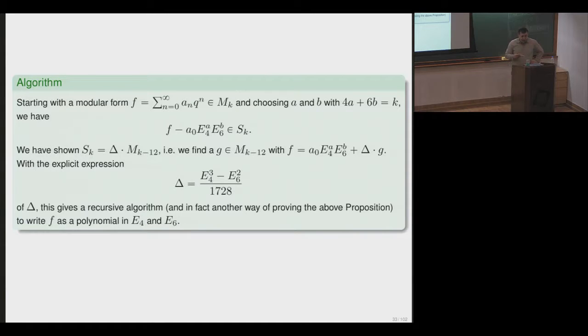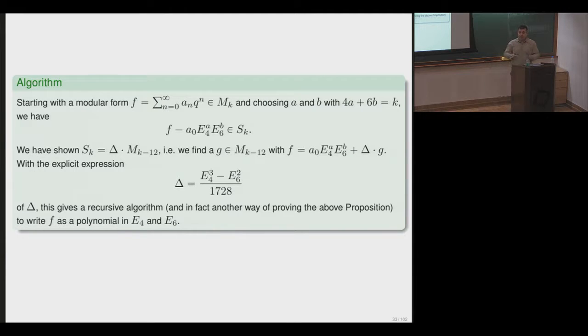In particular, this can be done algorithmically. So if you have a modular form, then if it has a constant term, you can add some multiple of the appropriate power of E4 and E6. Then you get a cusp form. If you have a cusp form, it must be divisible by delta.